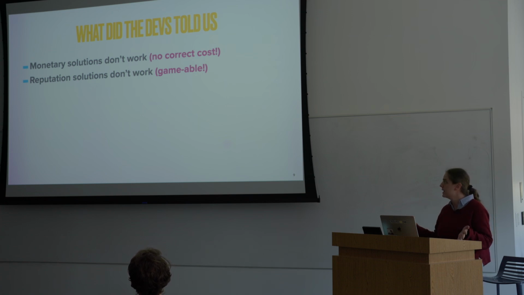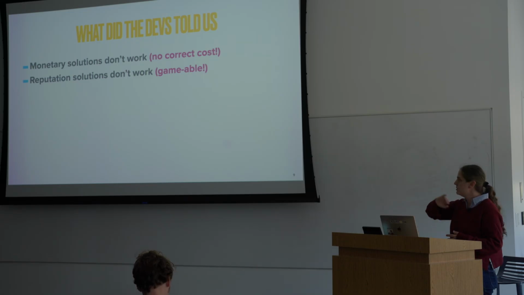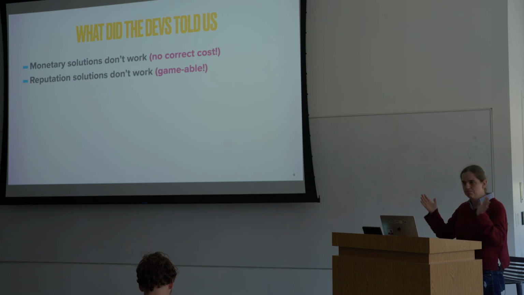And on the other side, if we put the cost very high in the upfront fees, for example, then the attack becomes expensive, but regular users don't want to use it. So in many cases, there's just no correct price to say, okay, you want to send through me, pay me X. The X of the user is significantly smaller than the X that the attacker will care about. So vanilla monetary solution doesn't work.